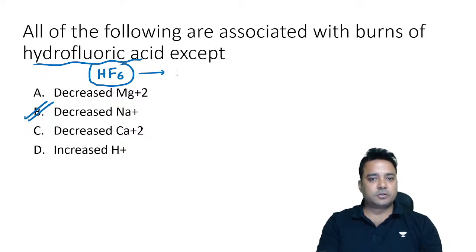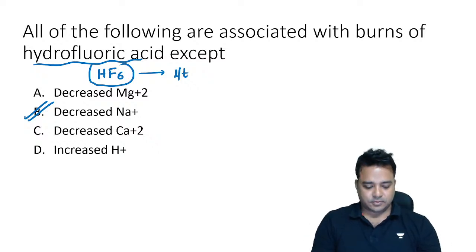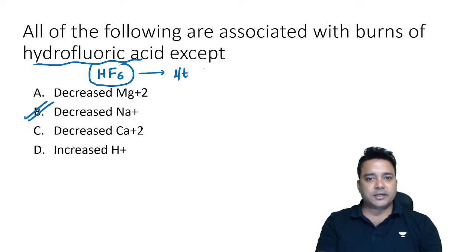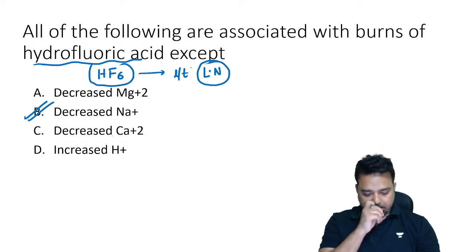Why? Because it leads to which type of necrosis? Coagulative or liquefactive? HF in particular leads to which type of necrosis? It acts like alkalis. Alkalis have an L and they lead to liquefactive necrosis. This acts like alkalis and leads to liquefaction of tissues.